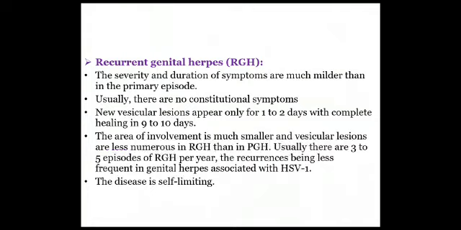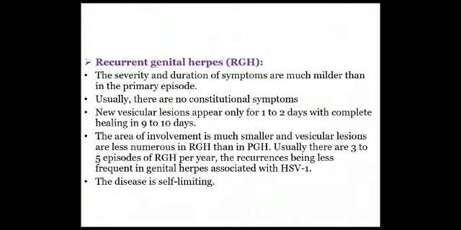Recurrent genital herpes is much milder when compared to the primary, and the new lesions may appear for only 1 to 2 days, with a complete healing within 9 to 10 days' time. The area involved in recurrent genital infections is smaller compared to the primary lesions, and the number of vesicular lesions is much lesser.